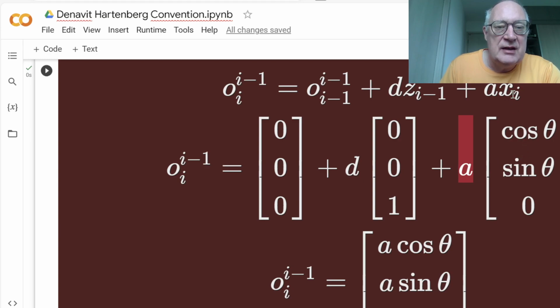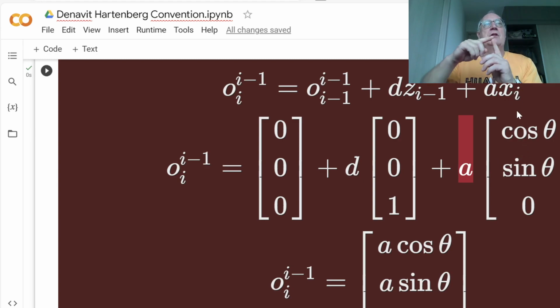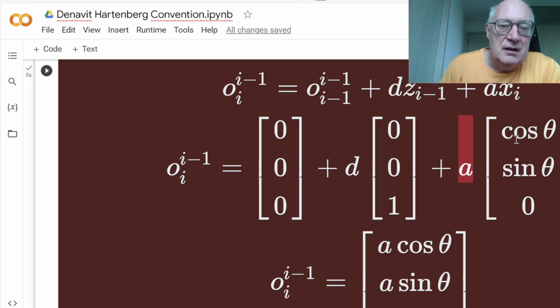And then this x-axis here, there's still a rotation along z, right? It can intersect, but I don't know which direction it moves off, but that's a rotation along z. So that would be along cosine of theta and sine theta, and no change in z.